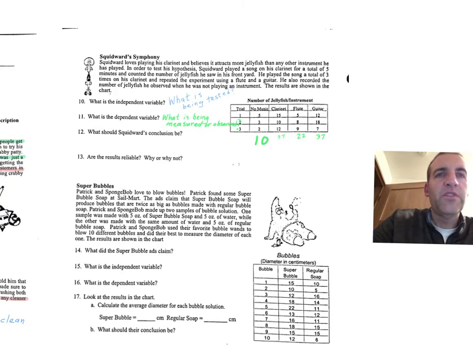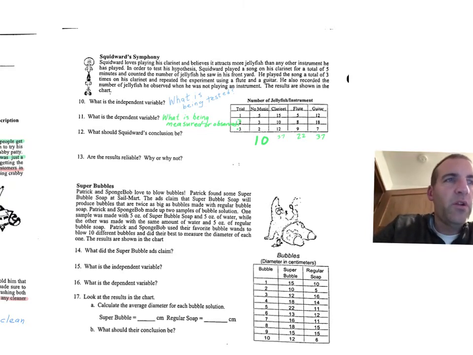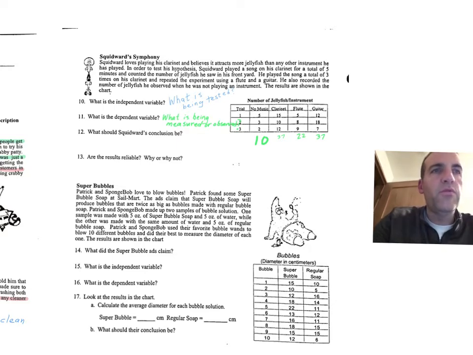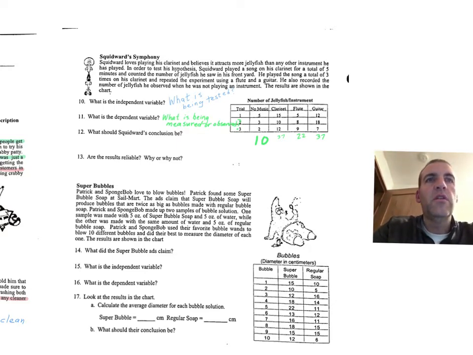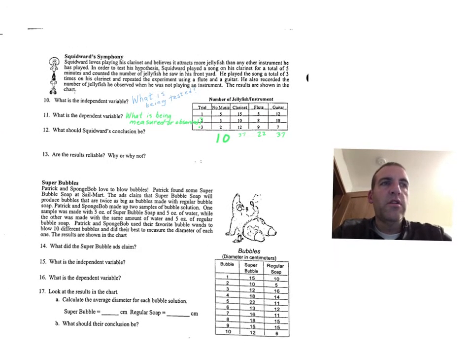Question 13 asks you, are these results reliable? Why or why not? So do our results actually prove which instrument would be the most effective at attracting jellyfish? Yes or no? Some things to think about were the number of trials. Yes, he did 3 trials, so that is a positive.